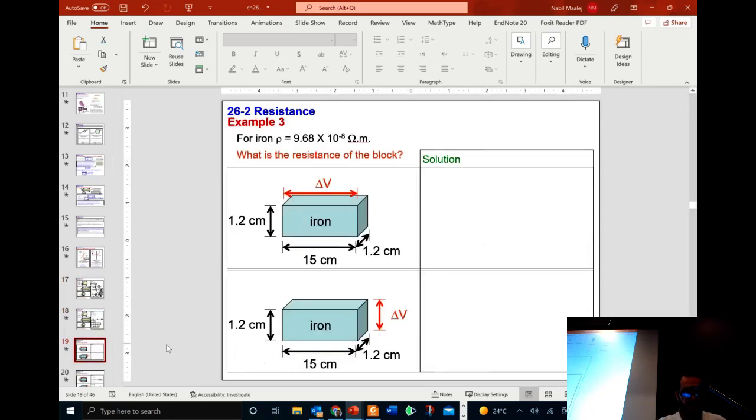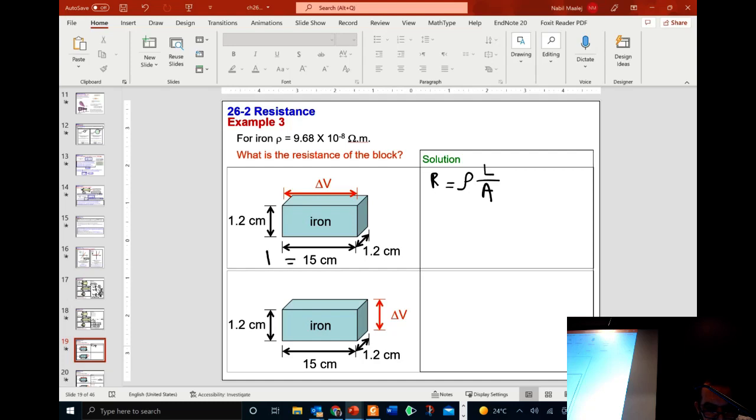All right. So here is a problem where you have to be very careful. So here we have iron that has a resistivity of 9.68 × 10⁻⁸ ohm meters. What is the resistance of the block? Notice we are given the dimension of the block and we are given delta V. So the resistance here is rho L over A. But what is L here?